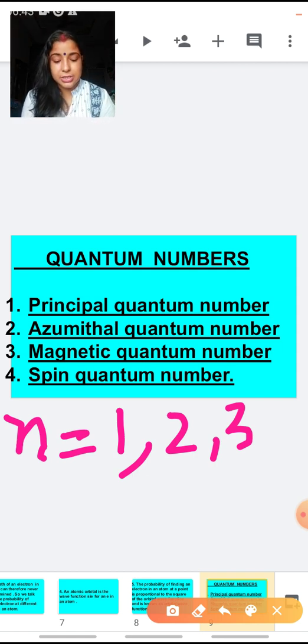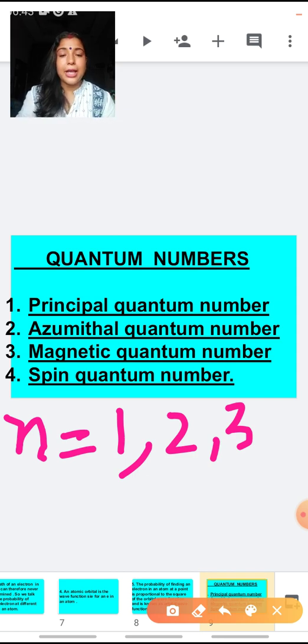It determines the size to a large extent and the energy of the orbital. It also identifies the shell. With the increase in the value of n, the number of allowed orbitals also increases and is given by n square. All the orbitals in a given value of n constitute a single shell of an atom.